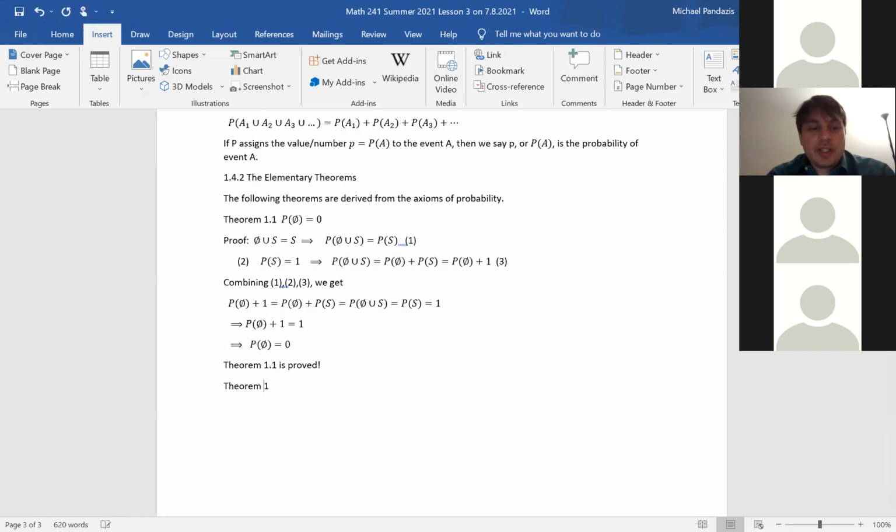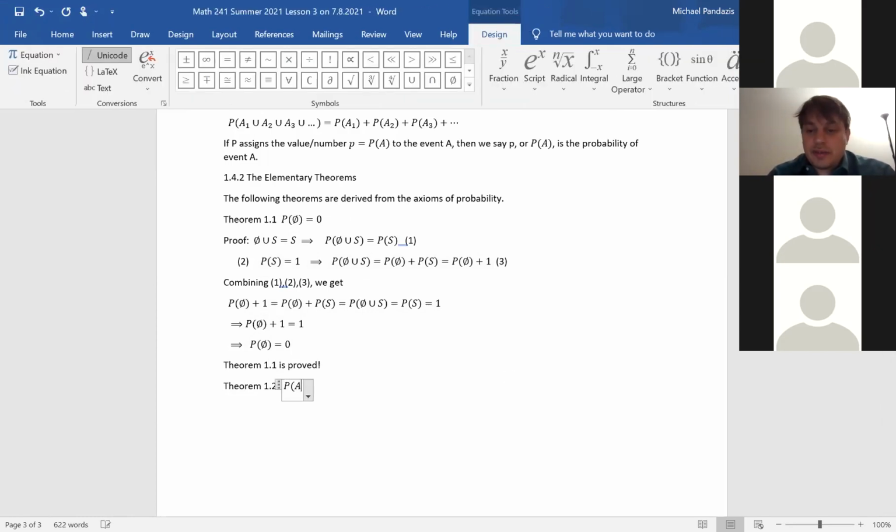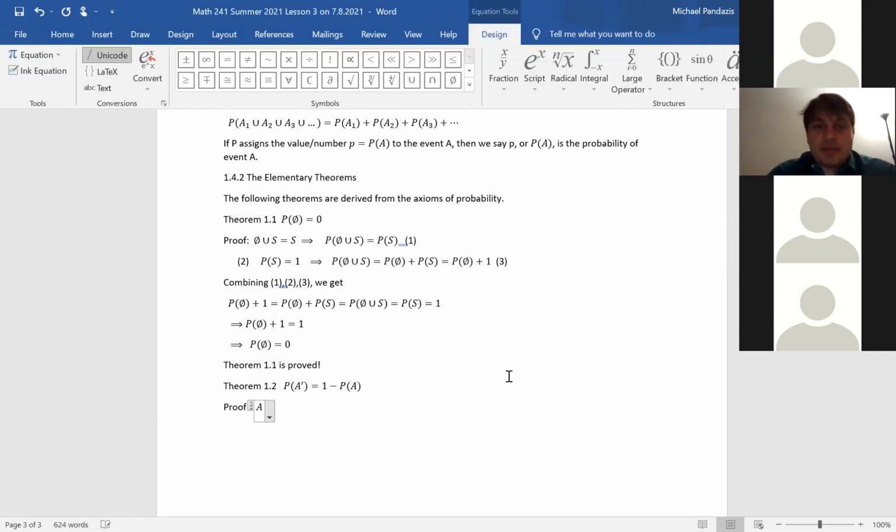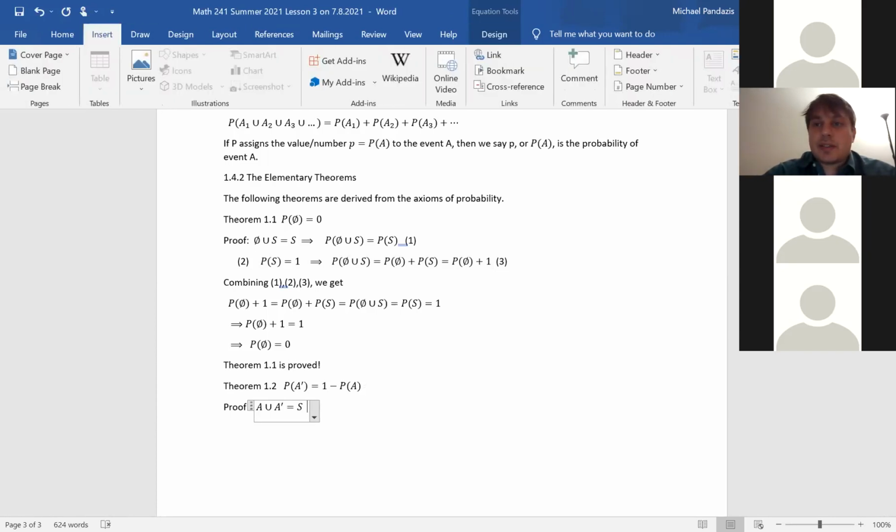Theorem 1.2 is that P of A prime is equal to 1 minus P of A. The probability of A complement is 1 minus the probability of A. The proof is that if you have A union A prime, that's equal to the entire sample space.